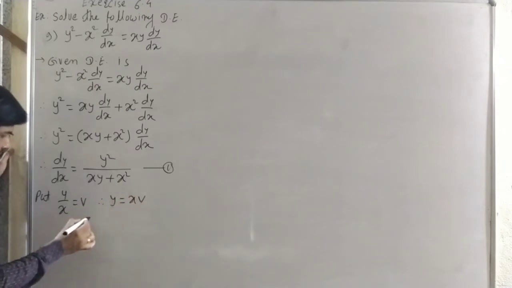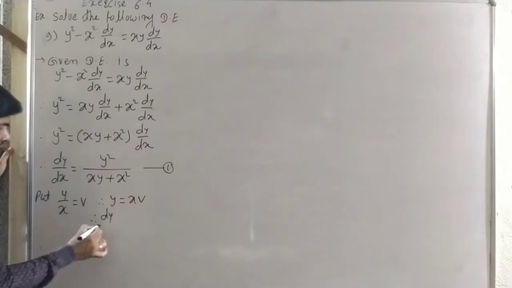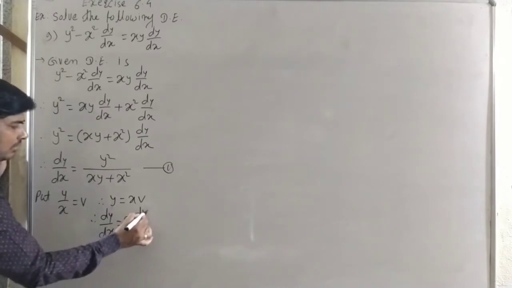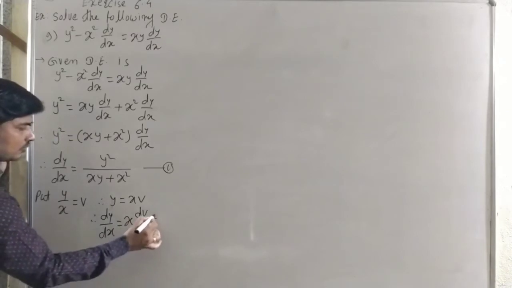Now differentiate with respect to x. Therefore dy by dx is equal to x into dv by dx plus phi.